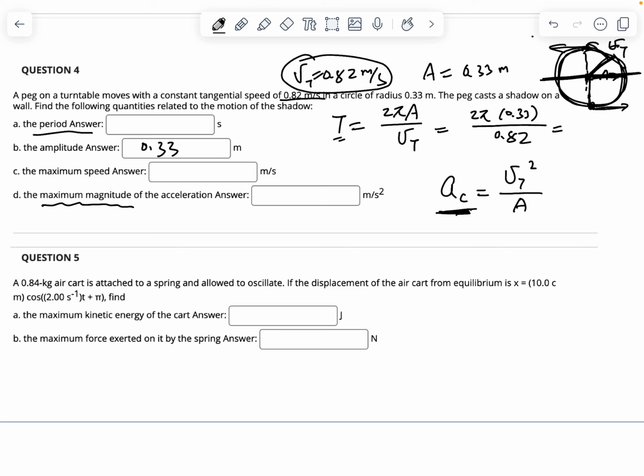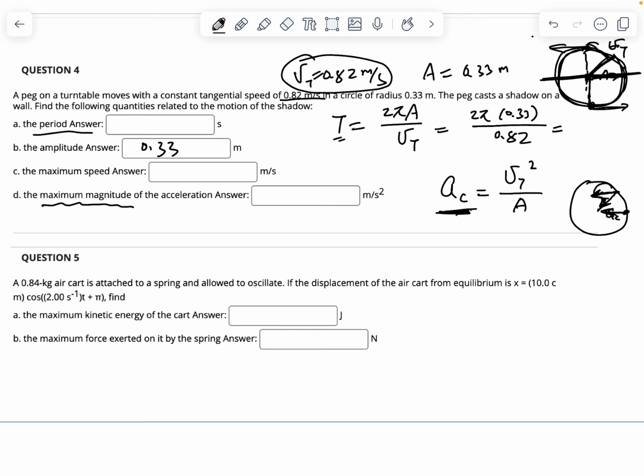When the object is here, this is your centripetal acceleration, pointing toward the center, and this is your acceleration for simple harmonic motion. However, when the object is here, this is your centripetal acceleration, and at this moment you have maximum acceleration for the simple harmonic motion.